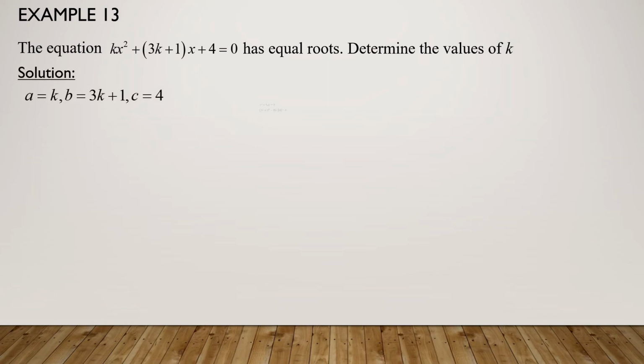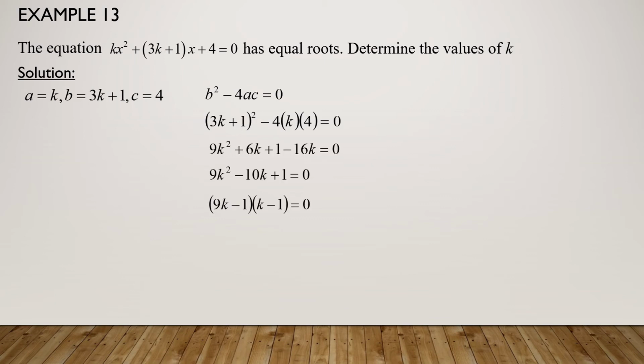Hence, we can use the discriminant b squared minus 4ac equals to 0 to solve to get k. So solving this will give us two values of k, which is k equals to 1 over 9 or k equals to 1.